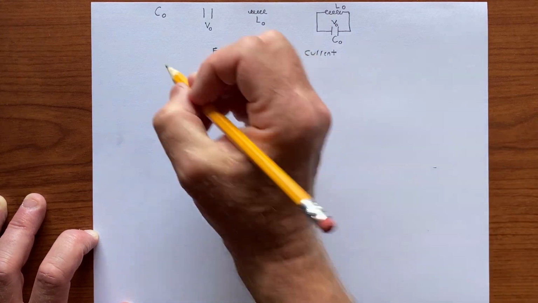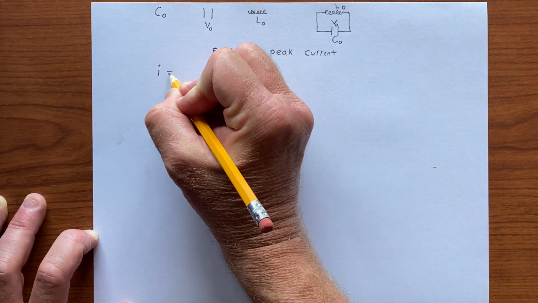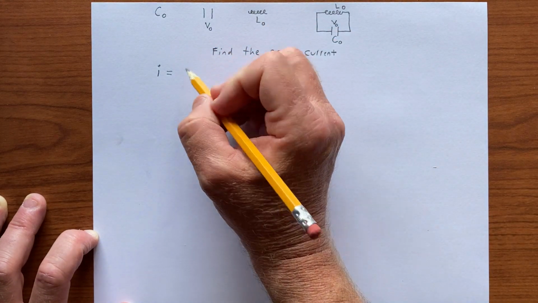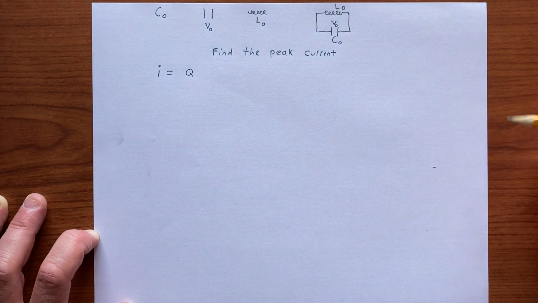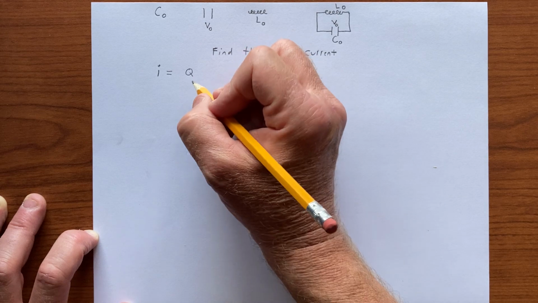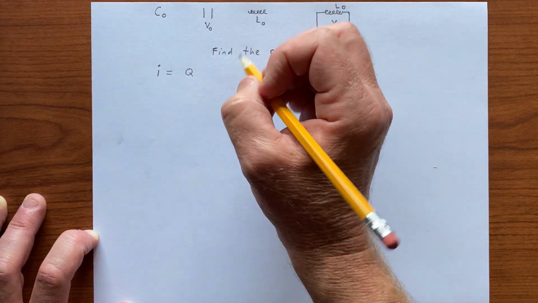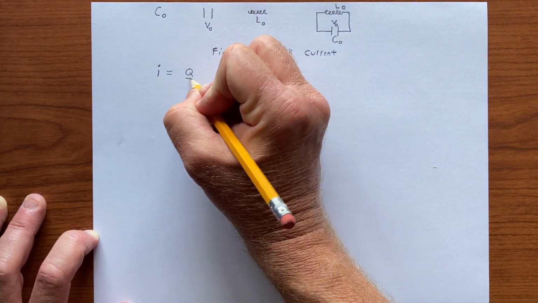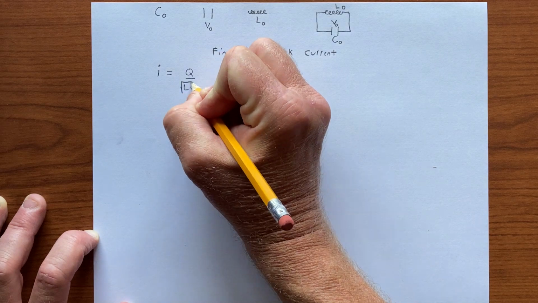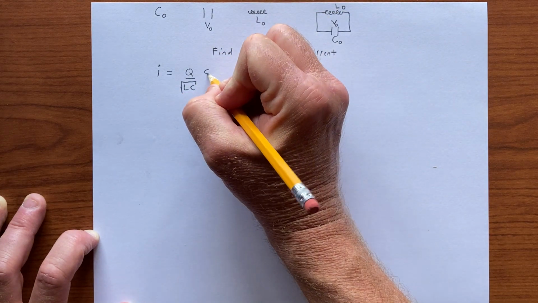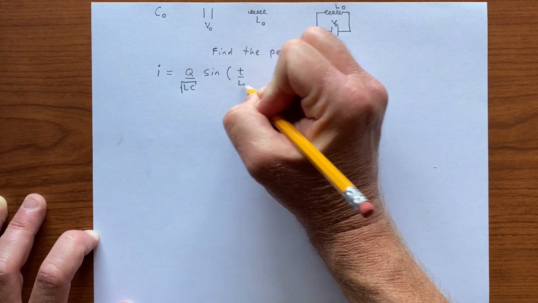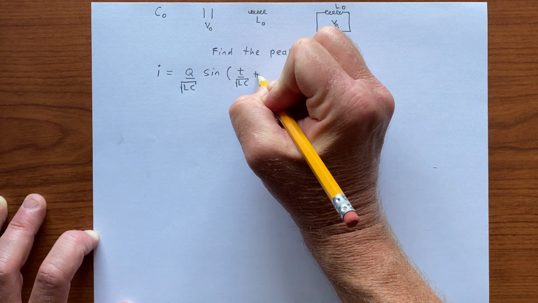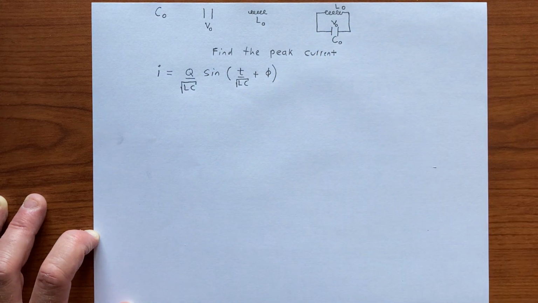Okay, so we know that if we solve the equations, the current looks like the amplitude of the charge, right? That's the maximum charge over the square root of L times C times the sine of t over square root of LC plus phi, right?